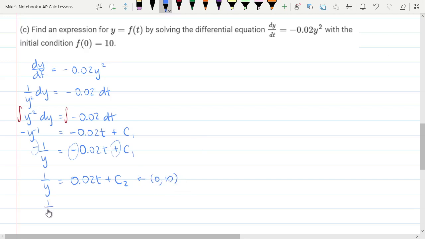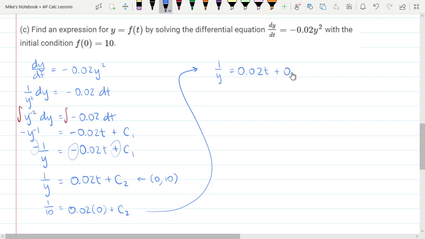So we get 1/10 equals 0.02 times 0 plus c2. So c2 is 1/10. That means I have 1 over y equals 0.02 t plus, now 1/10 is really just 0.1, and since I already have a decimal here, I'm going to write 1/10 as a decimal as well, just to be consistent.